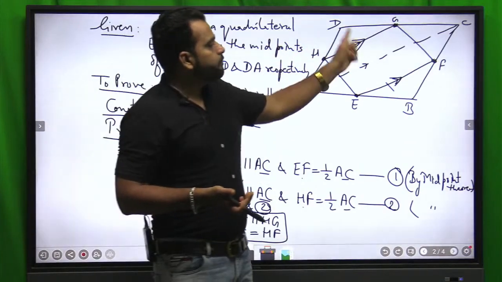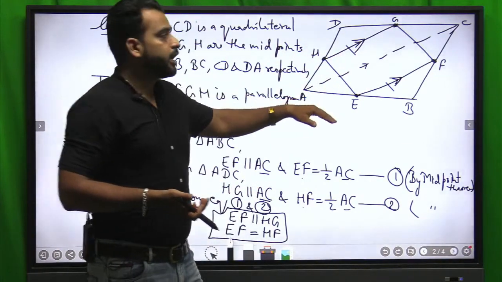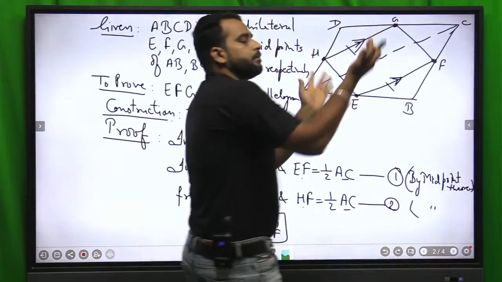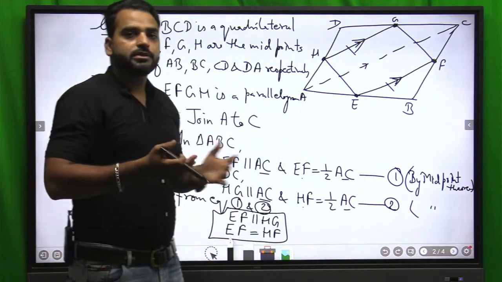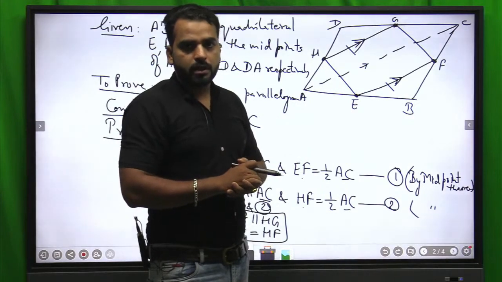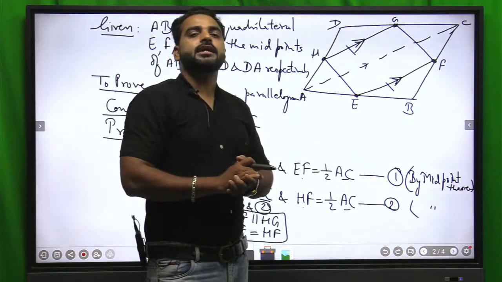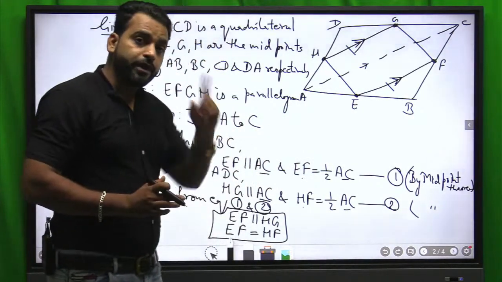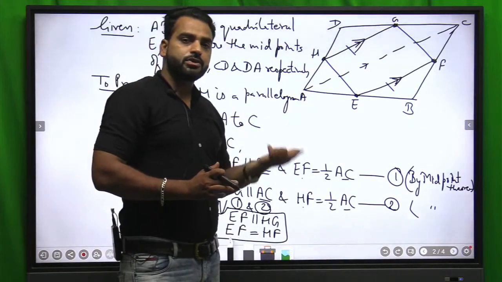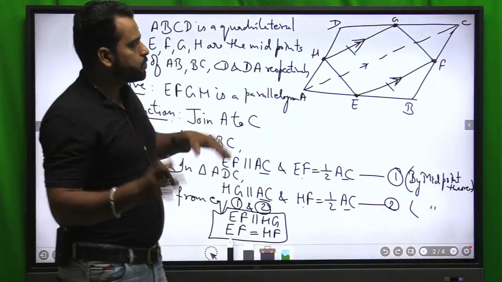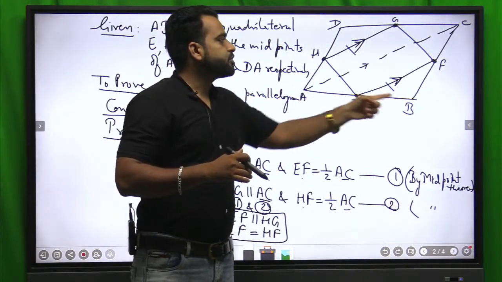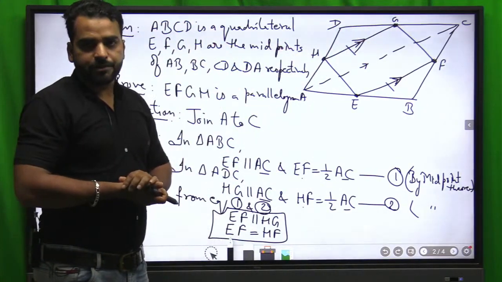Because if one pair of lines is parallel and equal, then automatically the second pair is also parallel and equal. So we don't need to prove that the other pair is also parallel and equal.